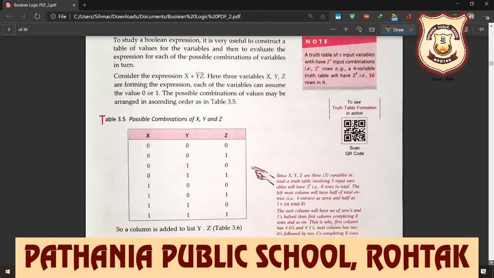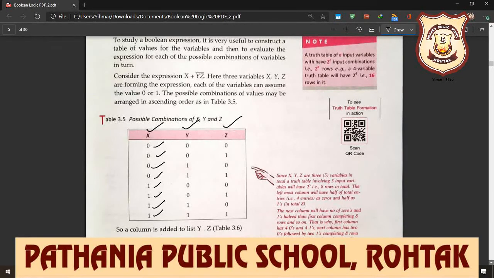In this, your first variable is x, your second variable is y, and your third variable is z. In the x variable, you write down first four 0s, and after that you can write down 1, 1, 1, 1.